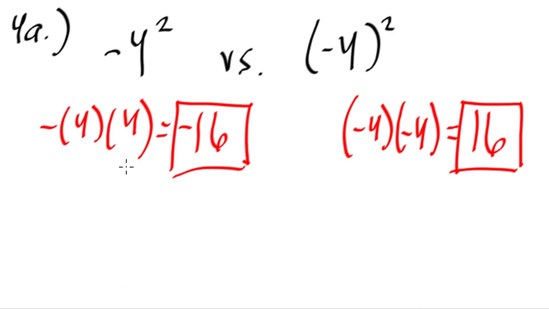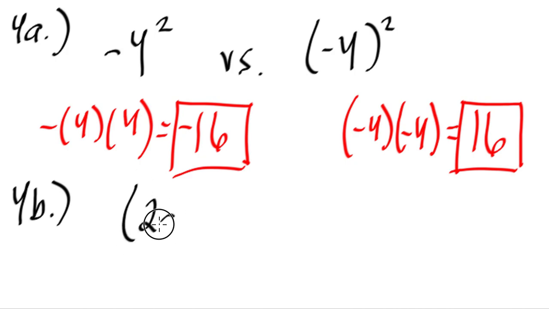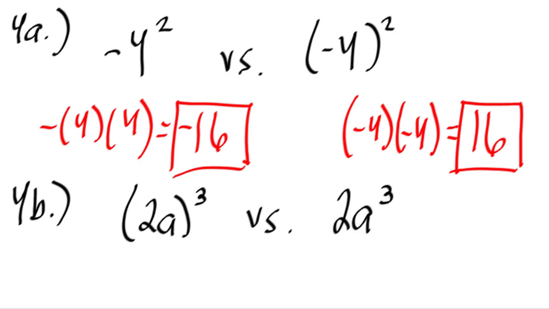Let me power that up by giving you 4b. So for 4b, let's differentiate quantity 2a cubed versus 2a cubed. Okay, now how do we look at this kind of problem?